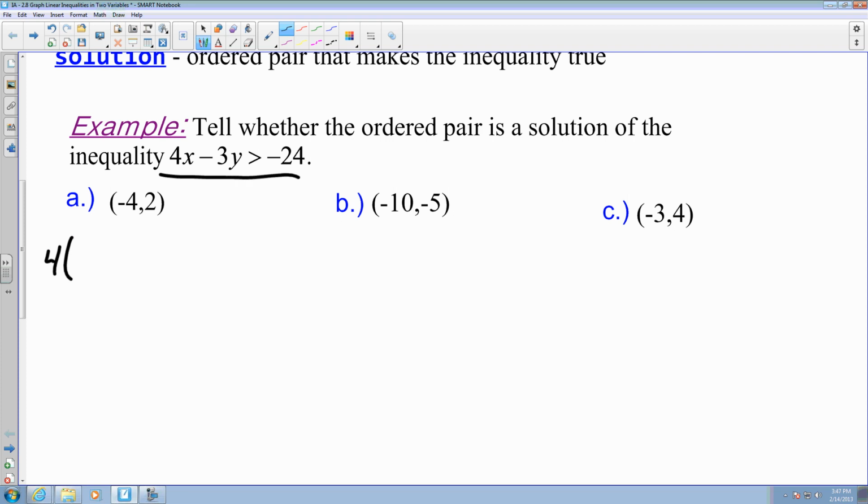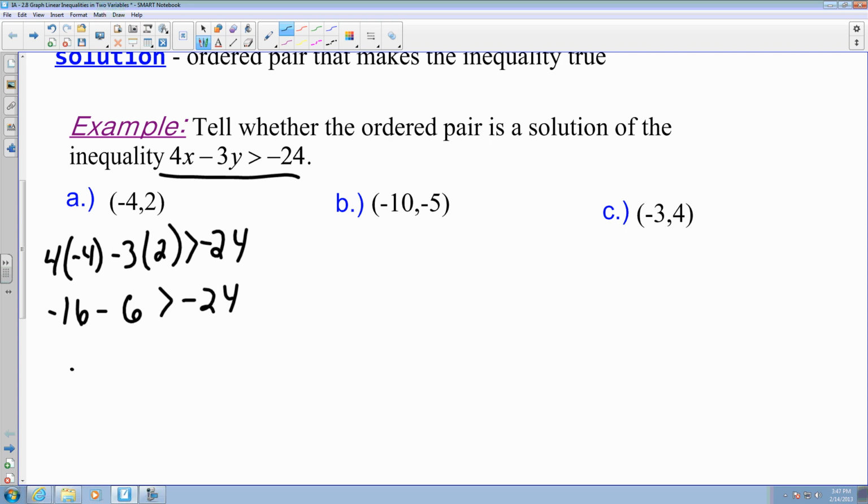So if my x here is negative 4, I'm going to use negative 4 for x, minus 3 times 2 is greater than negative 24. Negative 4 times 4 is negative 16, minus 6 is greater than negative 24. And negative 16 minus 6 is negative 22, which is greater than negative 24. Is this a true statement?